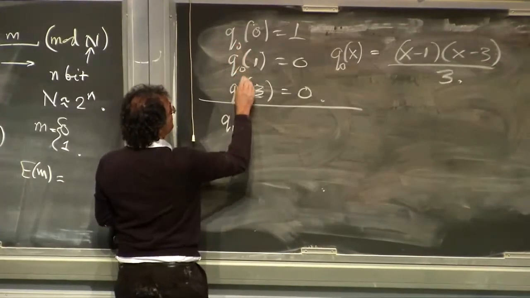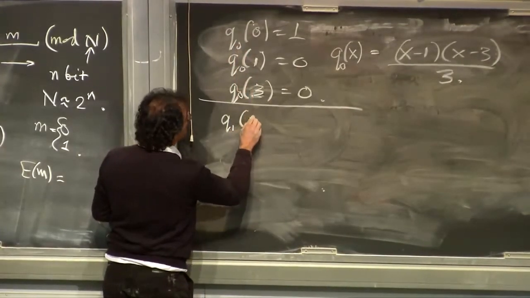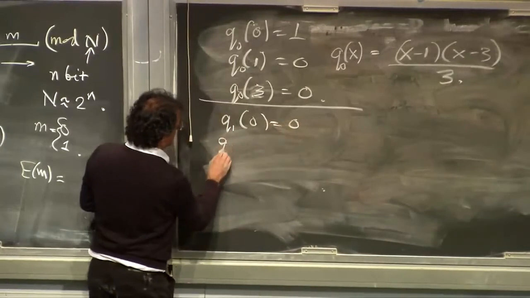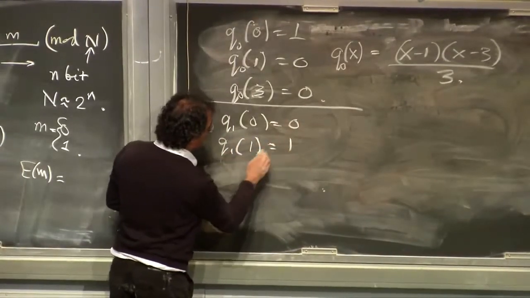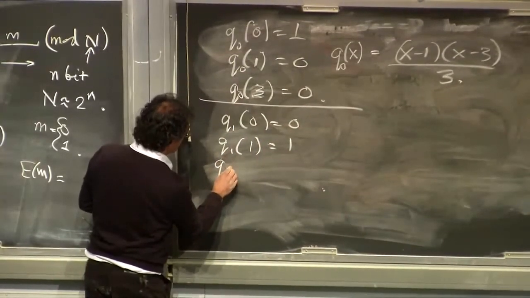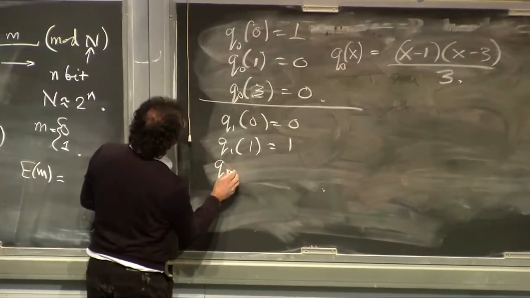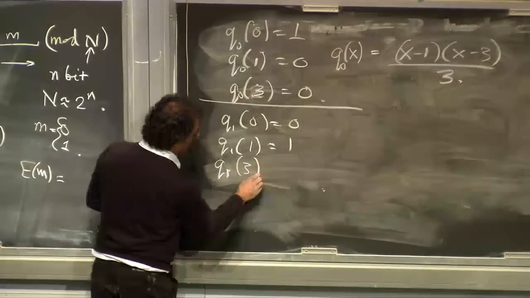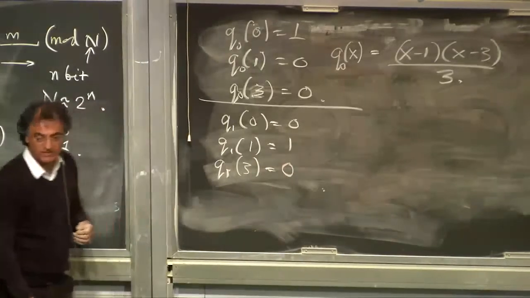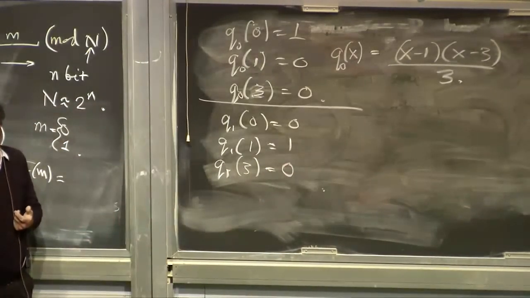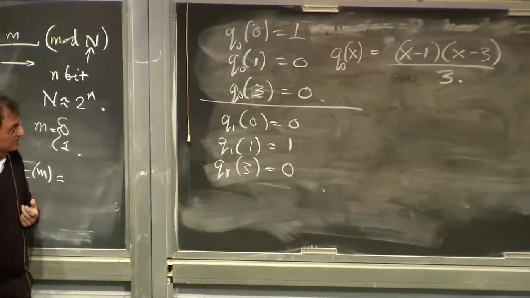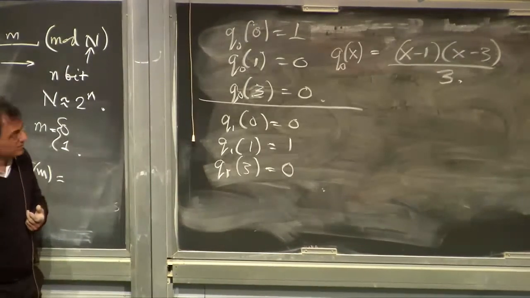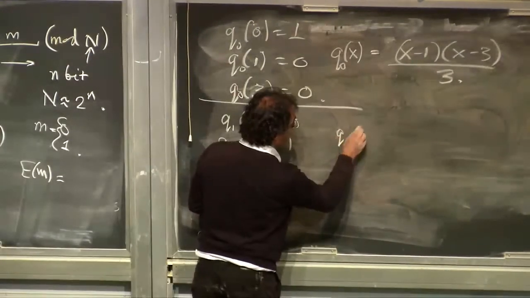This is q sub 0 of x. Q sub 1 of 0 equal to 0, q sub 1 of 1 equal to 1, q sub 1 of 3 equal to 0. Okay, so how do we do this? So what's q sub 1 of x?